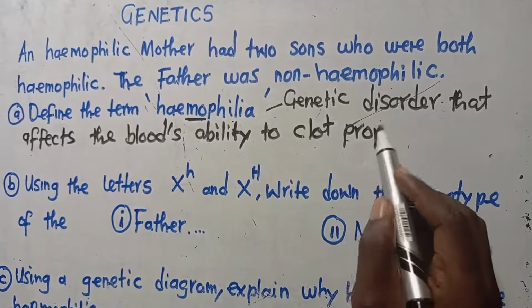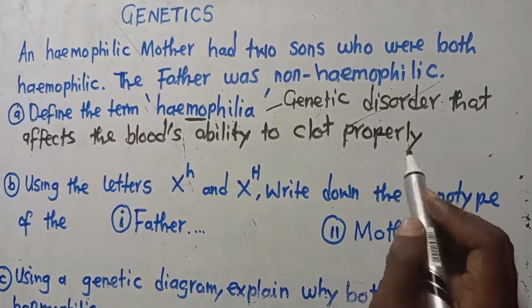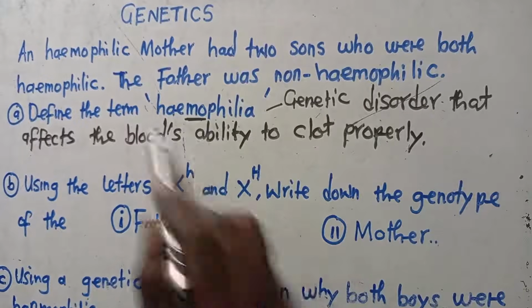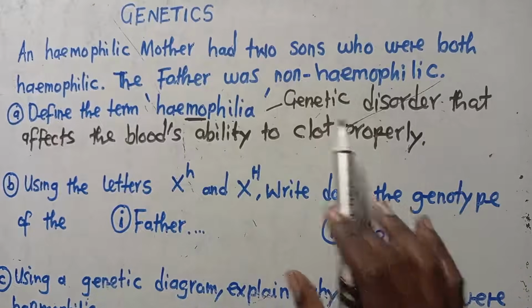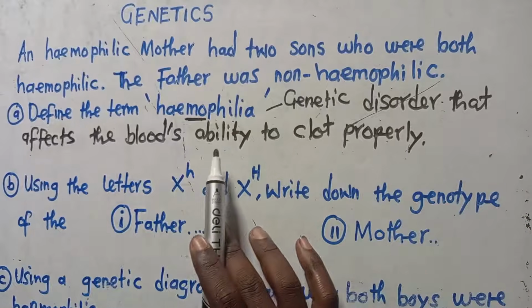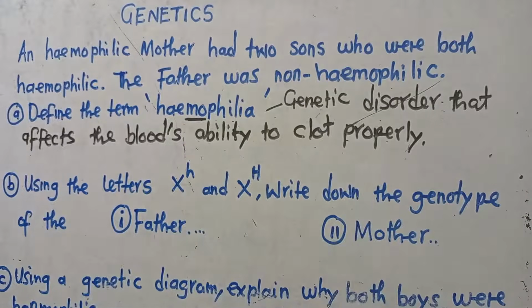This is what you are supposed to know and understand. This is what we call hemophilia. It's just a genetic disorder that is going to affect the blood's ability to clot properly. So if you encounter such questions, this is what you are supposed to answer.